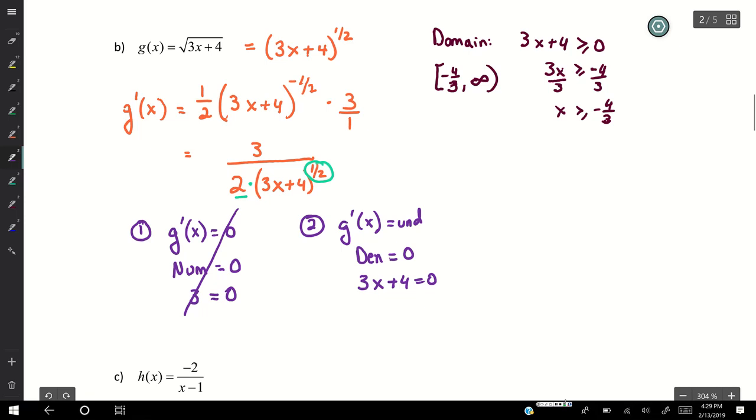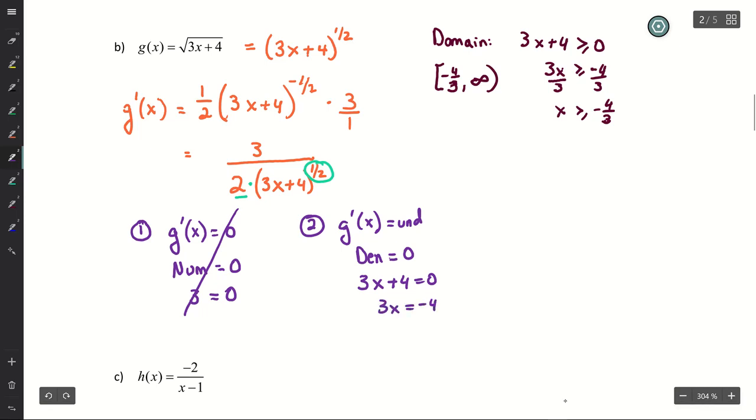So in that particular situation, if we solve that, we get 3x equals -4. Divide by 3, so we get x equals -4/3. Okay, now we have to make sure, if that's going to be a critical number, that it's actually in the domain. And we notice that it is in the domain.